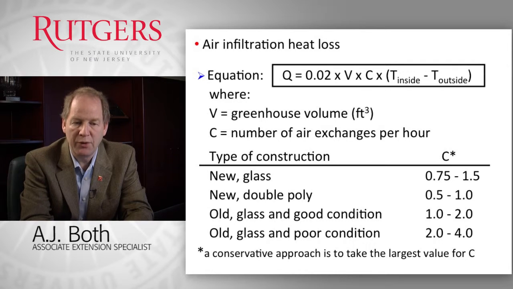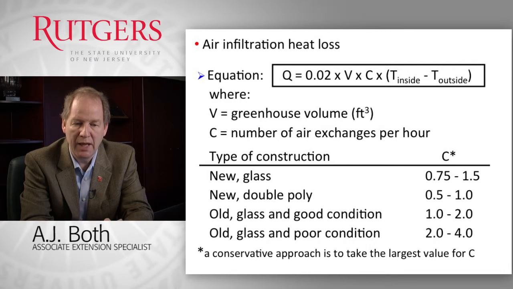And we need to figure out what the number of air exchanges per hour is depending on how the facility was designed, whether the facility was new or a little bit older, whether it was made of glass, which typically has a lot of laps or a lot of potential gaps between the glass panes and the structure, versus a double poly film, which is typically fairly tight.